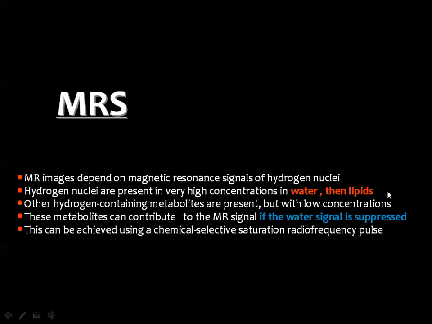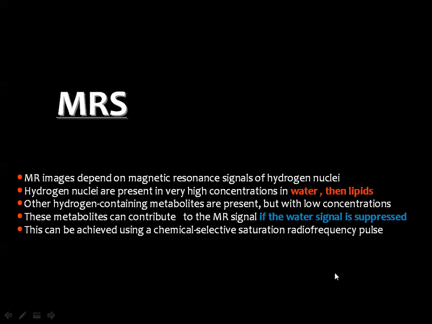And in order to see these metabolites, we should suppress the very high signal of water as well as the signal of the fat. And this process is known as the chemical selective saturation radio frequency pulse.